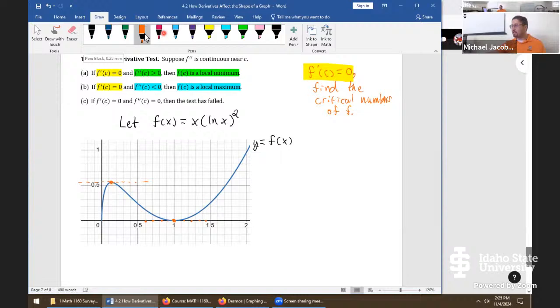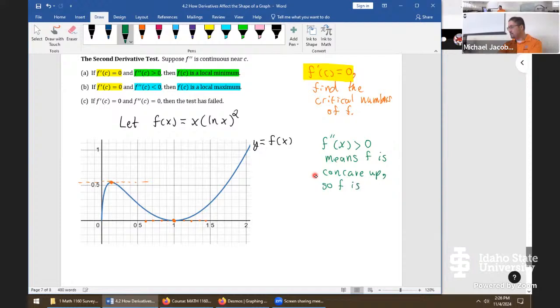Now, looking at it further, let's focus on this element. F double prime at c greater than 0. Another way to think about that is f double prime x bigger than 0 means f is concave up. Concave up because of the greater than 0. But if f is concave up, that means something else entirely as well.